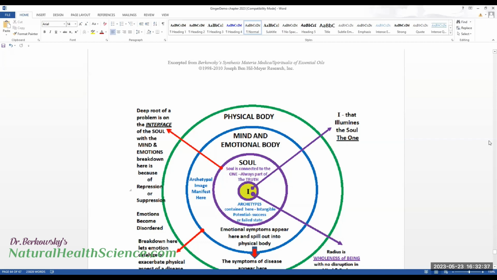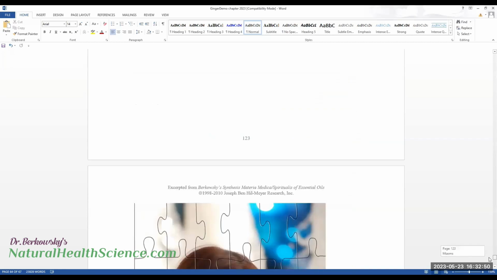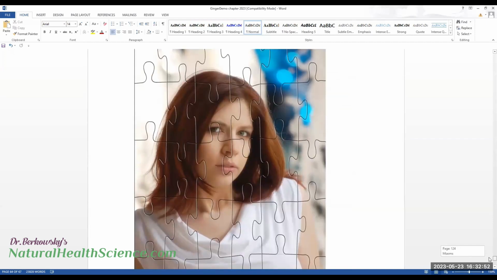So you can't create the image with just one oil. That's not possible. So what you're trying to do here is this. You're trying to create a jigsaw puzzle image. So here we have an image of a woman, and you can see these jigsaw puzzle pieces. And I'm just going to say this.